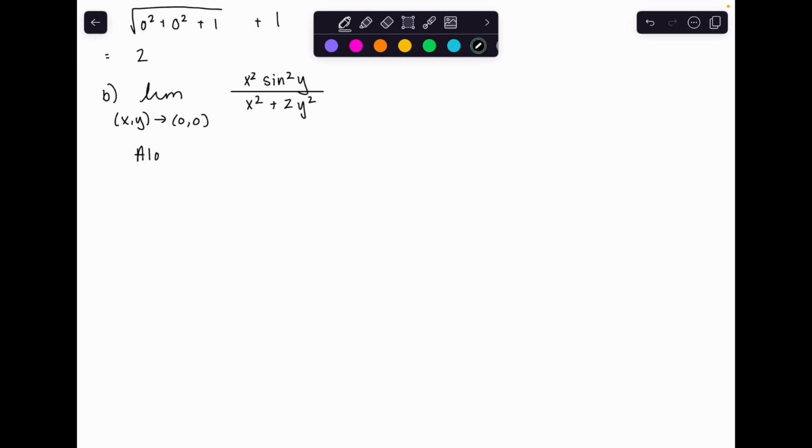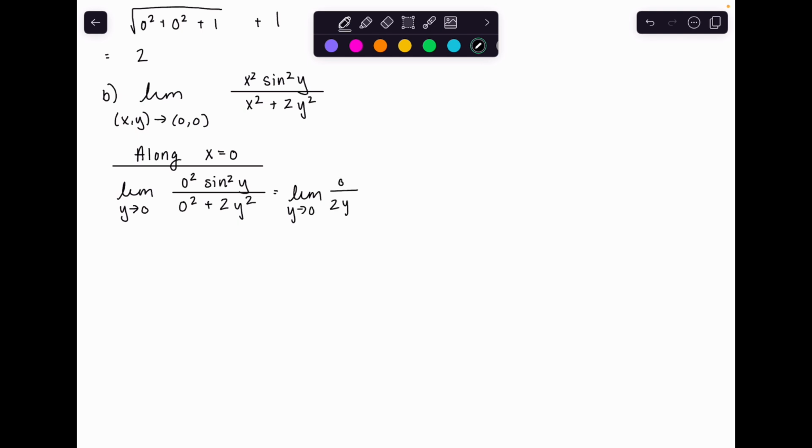So let's try our first path along x equals 0. This turns into the limit as y approaches 0 of 0 squared times sine squared of y over 0 squared plus 2y squared. Well, that just gives me 0 in the numerator, so this is 0 over 2y squared. So this limit is equal to 0.